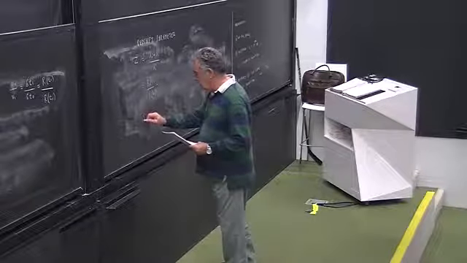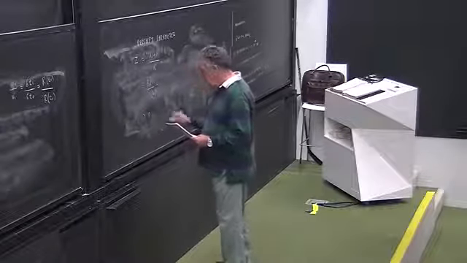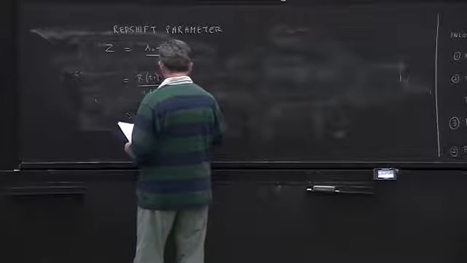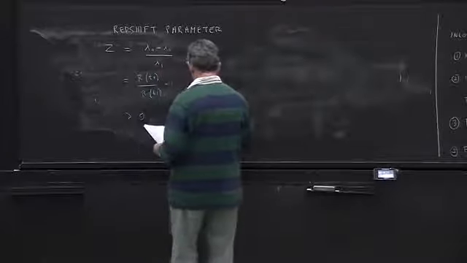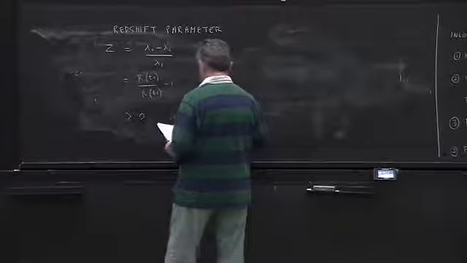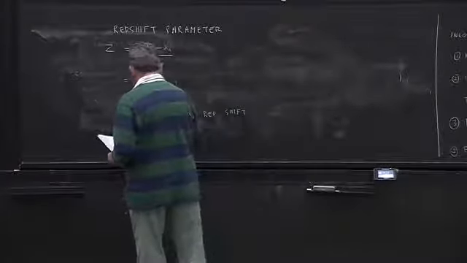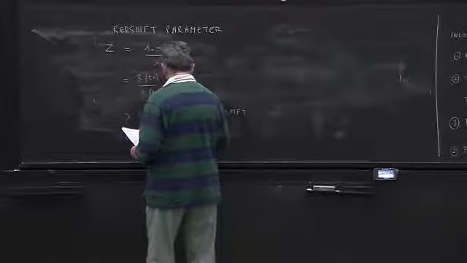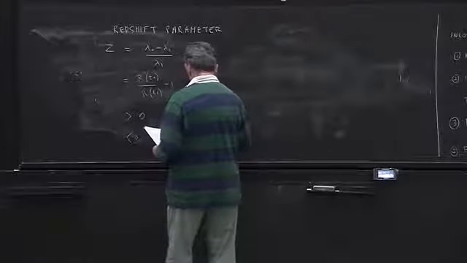And if it's greater than 0, lambda naught is greater than lambda 1, and that's a redshift. And if it's less than 0, lambda naught is less than lambda 1, and it's a blue shift.